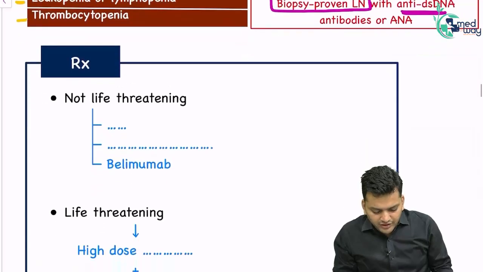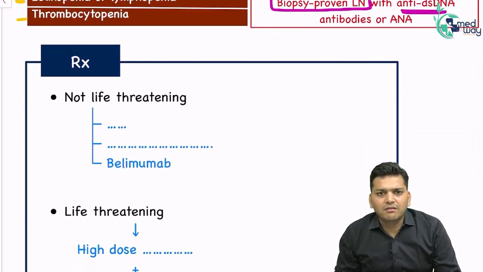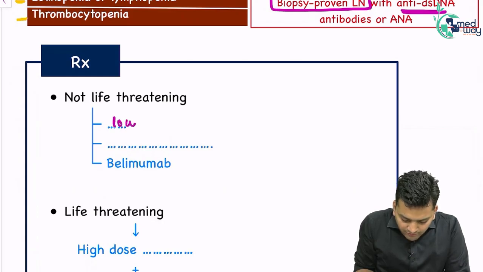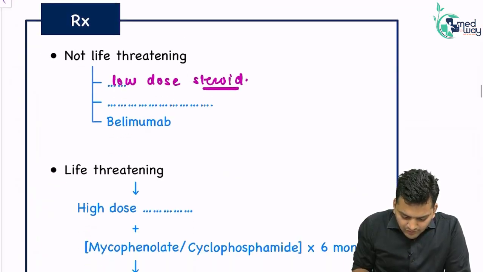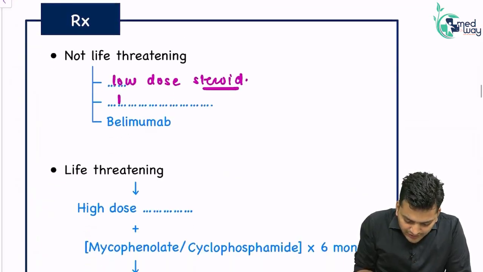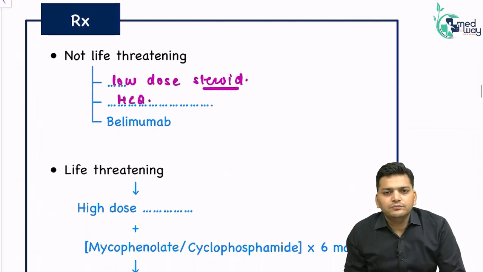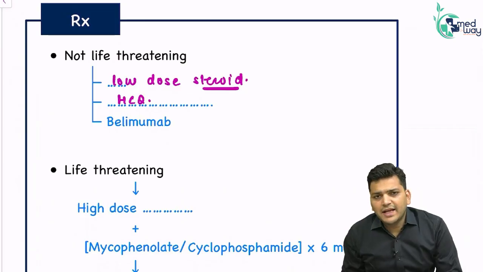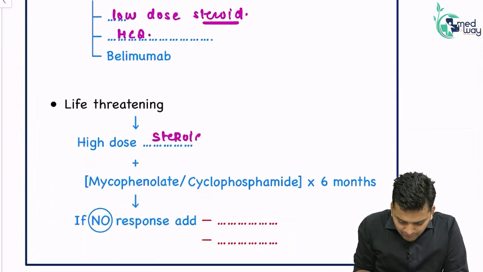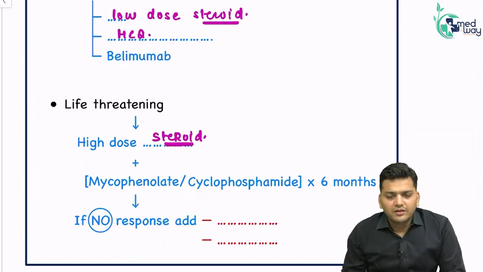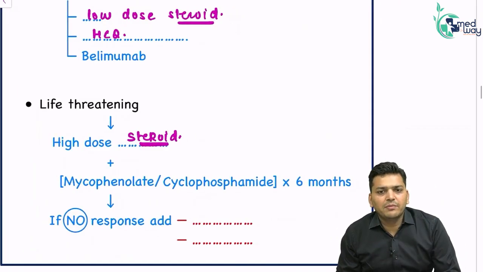Now it is time to treat the patient. If the patient is not having life-threatening symptoms, then we are going to give low-dose steroid. We can give HCQ also. If a patient is having life-threatening SLE, then we have to give a high dose of steroid. If not, then we can add cyclophosphamide or mycophenolate for at least 6 months.